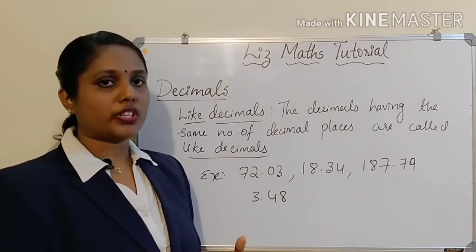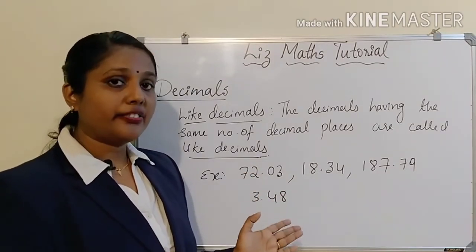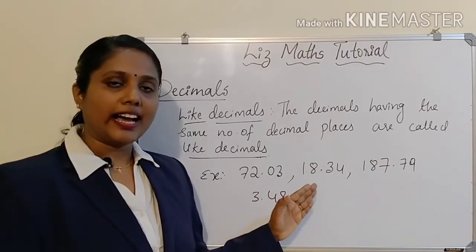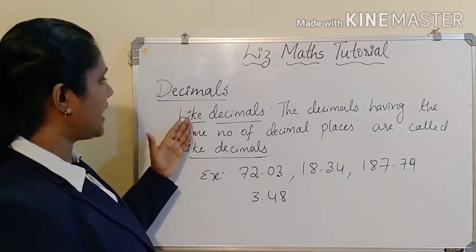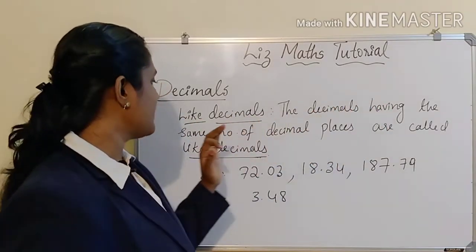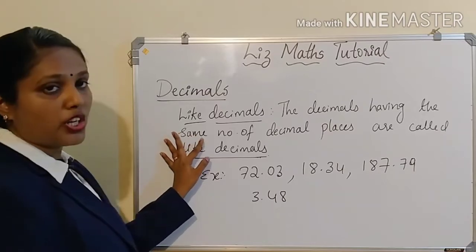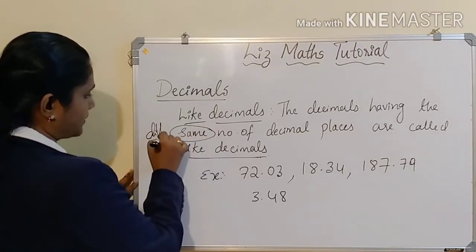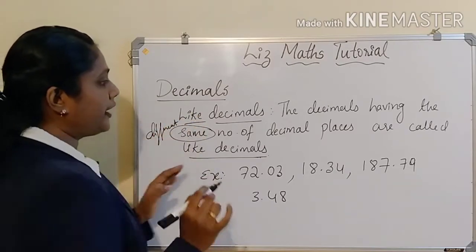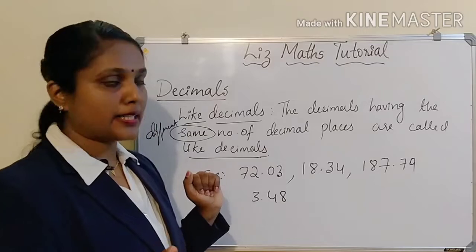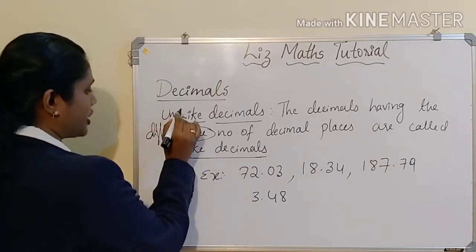So what is the opposite of that? If we have different numbers of decimal places, that is called unlike. So what is the definition of unlike? Unlike decimals: the decimals having different numbers of decimal places are called unlike decimals.